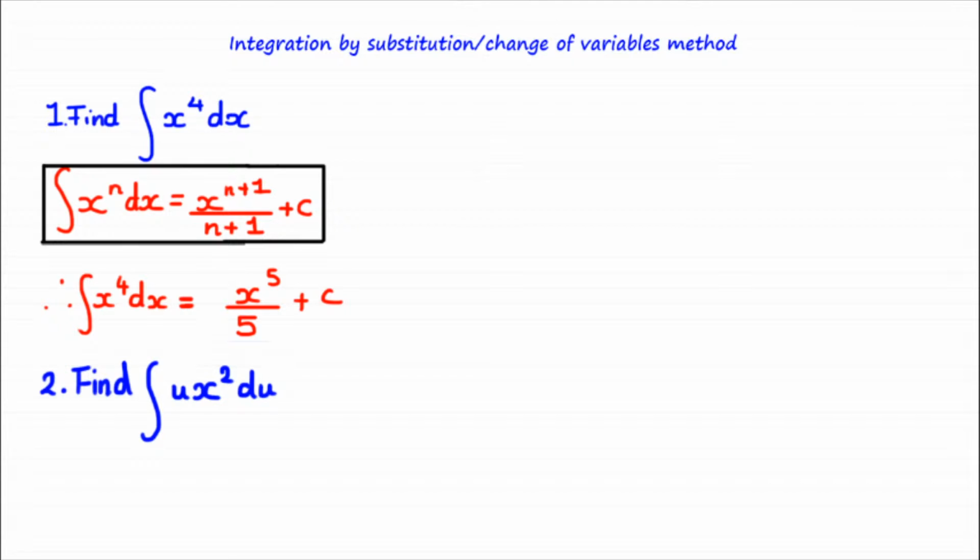So we've got Ella coming in with u times x to the power of 3 over 3 plus c. I've asked you to find the integral of u times x squared du. Din comes in with 4 over 3 x cubed plus c.